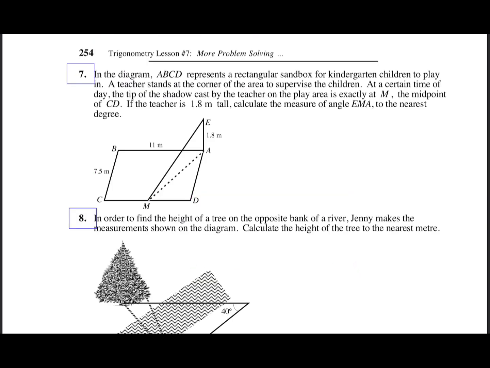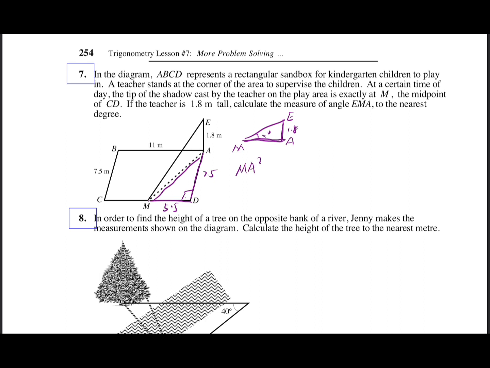For this part, we can find AM by using the rectangle, and then we can use AE is 1.8 to find the angle X. Okay, and how to find AM? Because M is the middle point of CD, so MD is 5.5, and because this is a rectangle, AD is 7.5, and this is a right triangle, so we can find AM by using the Pythagorean theorem.